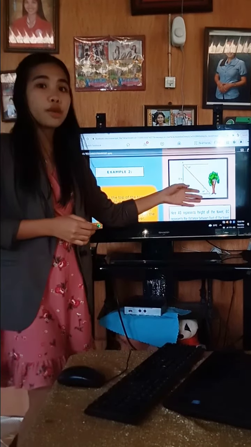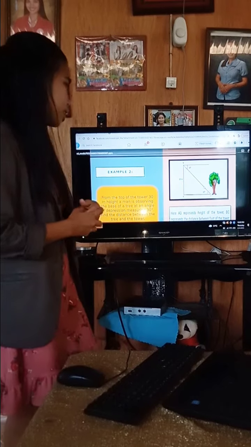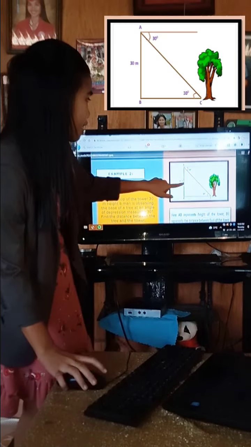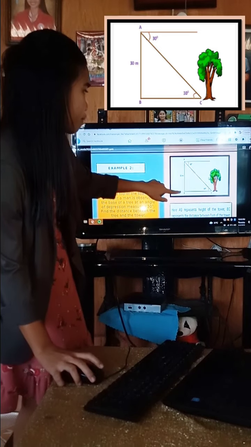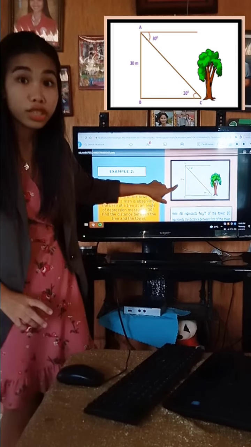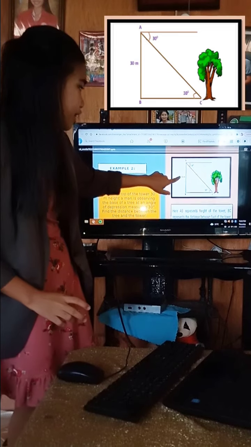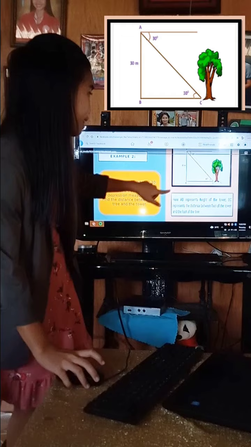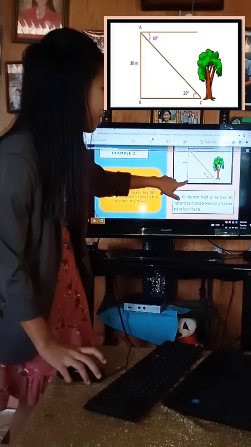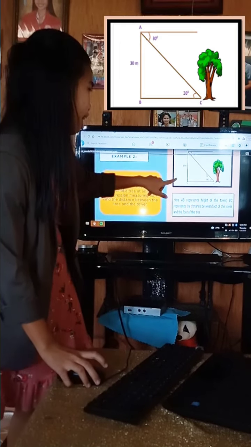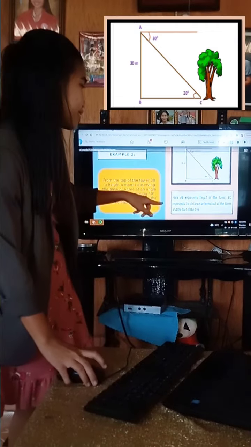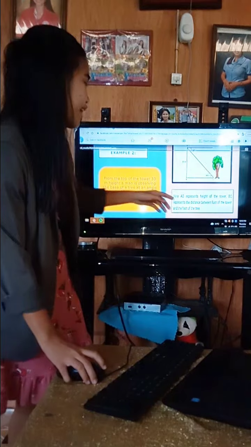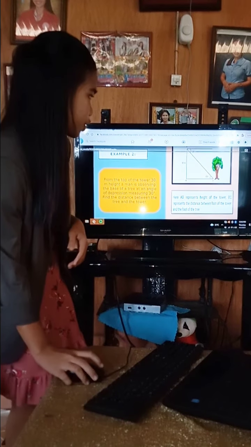So here is our figure. AB represents the height of the tower, which measures 30 meters, and side BC represents the distance between the foot of the tower and the foot of the tree.